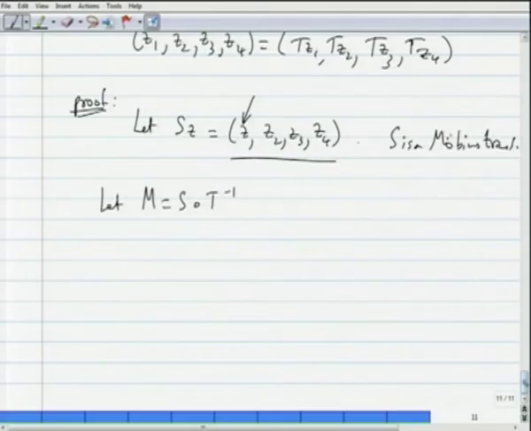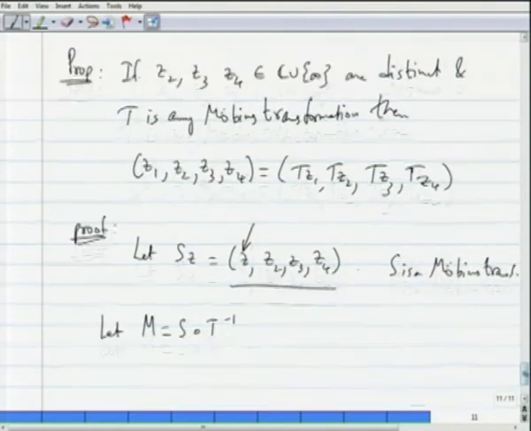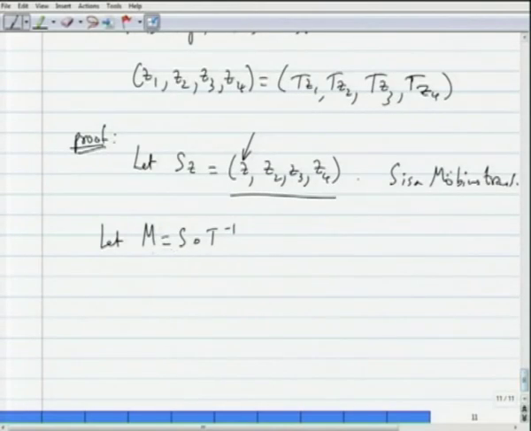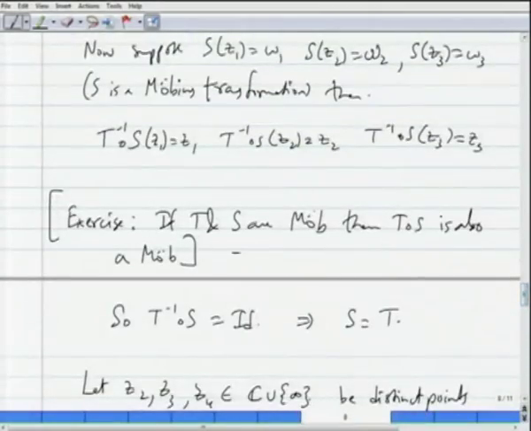T is any Mobius transformation, but the inverse to any Mobius transformation exists. We have seen that T inverse is also a bijection from C union infinity to itself. So, define a new Mobius transformation which is the composition S circle T inverse. Composition is also a Mobius transformation by this exercise.